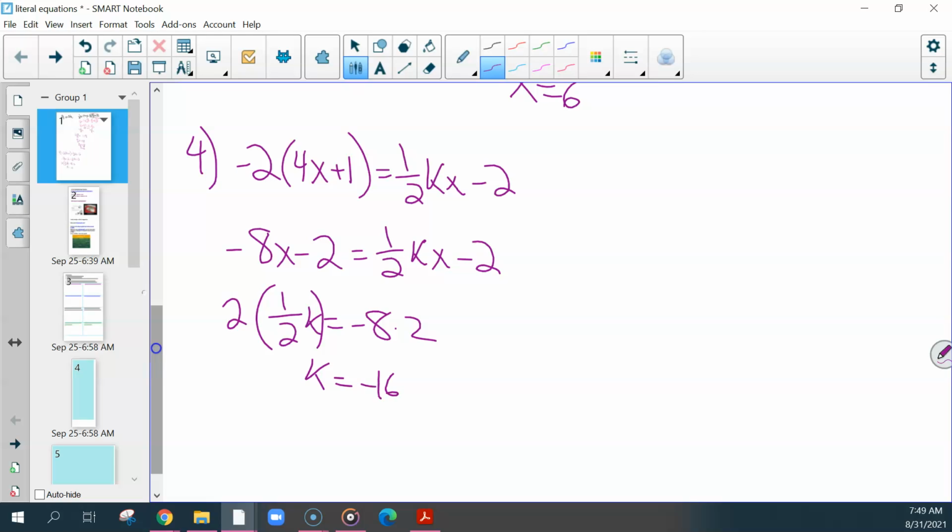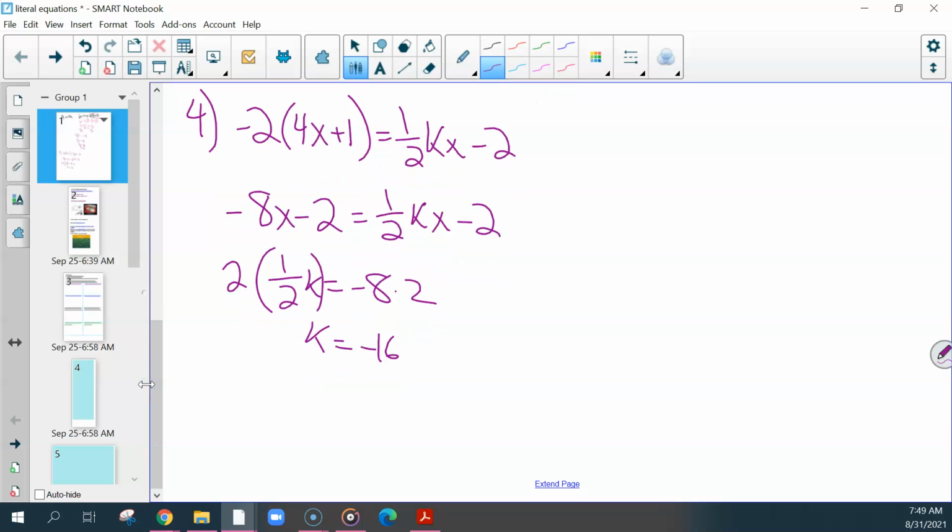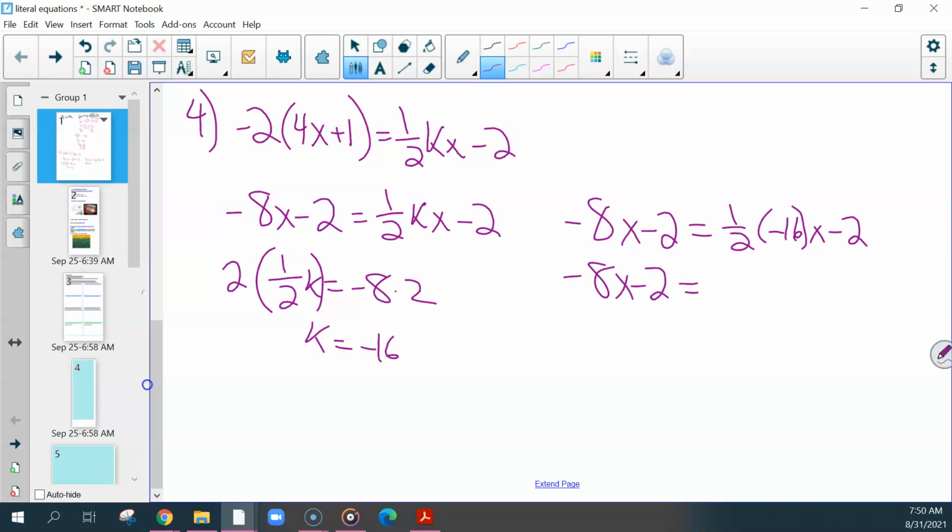So if k is negative 16, and I put negative 16 in, then negative 16 times 1/2, or negative 16 divided by 2 is negative 8. And now this.